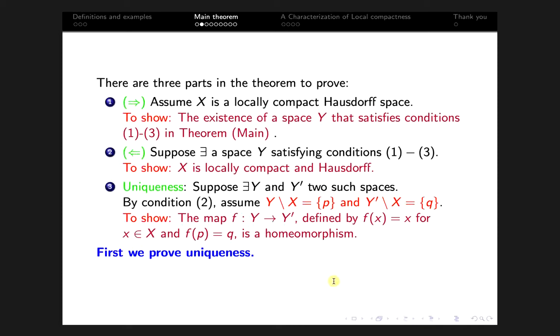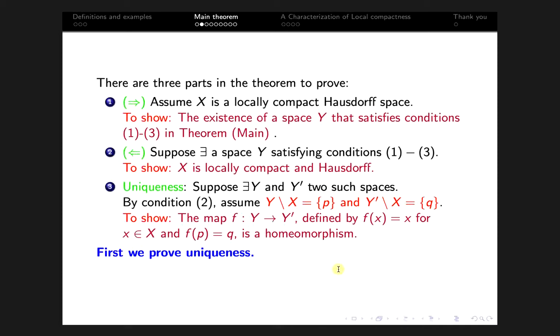We have to show that there exists a topological space Y that satisfies conditions 1 to 3. That is, X is a subspace of Y, the complement of X in Y is a singleton, and Y is compact and Hausdorff.